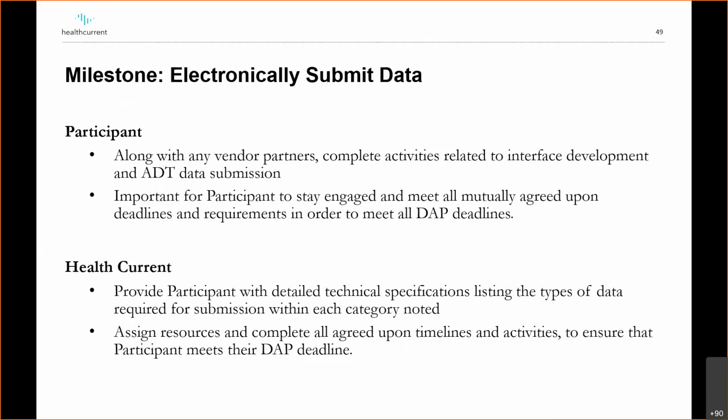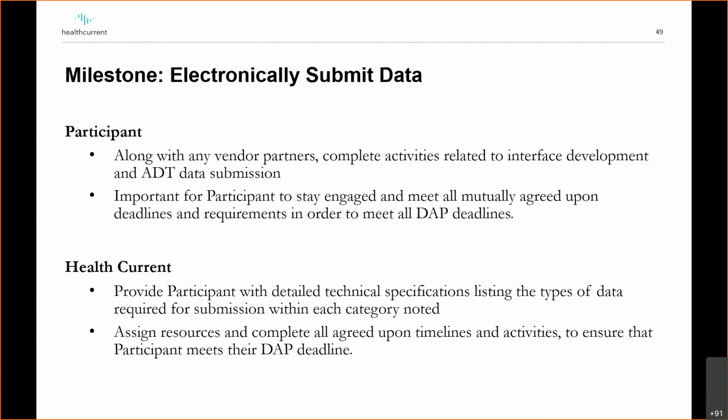Next slide. When it comes to milestones requiring electronically submitted data, the participant will be responsible, along with any vendor partners, to complete the activities related to the interface development and ADT data submission. It is important for the participant to stay engaged throughout this process. We certainly are there to help you, but we need your engagement as well to meet those DAP deadlines.